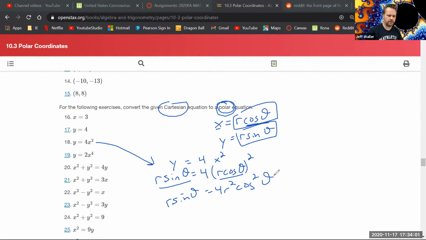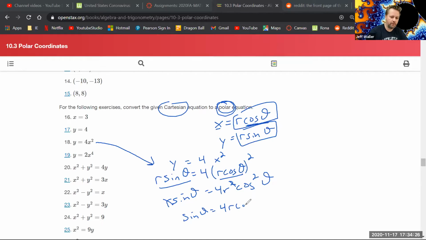What's one more thing I can do? You can do a couple things, but I'm really looking for one more immediate thing. Anybody see something that happens? Divide by R. Yeah, kill one of the R's. So you get sine theta equals 4R.